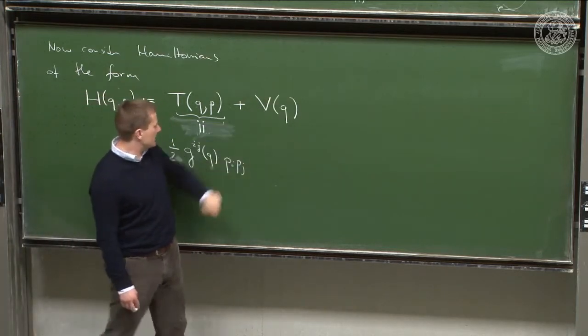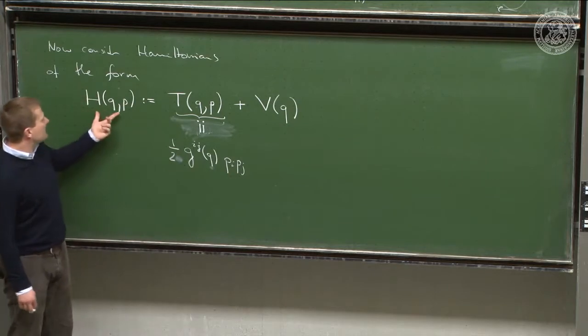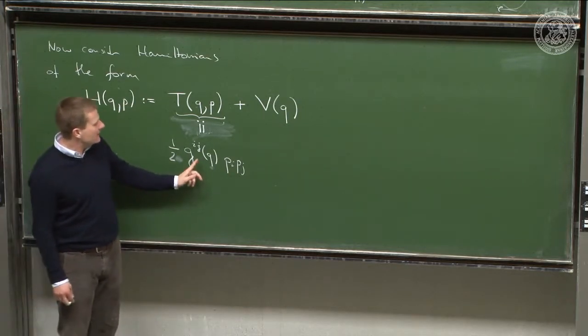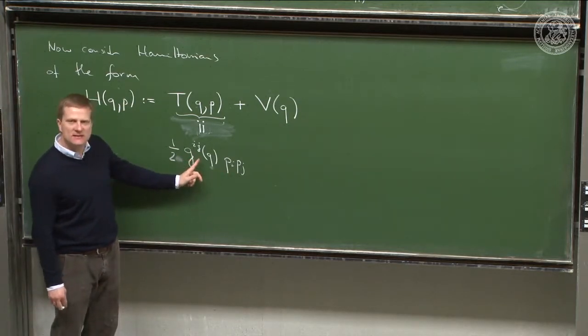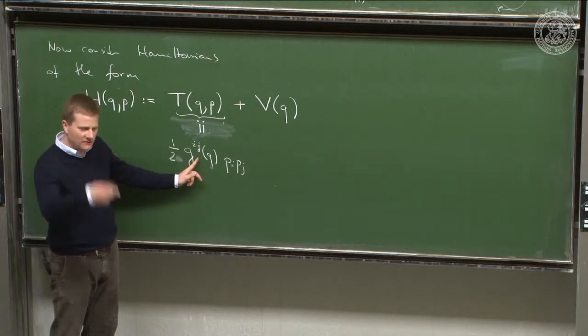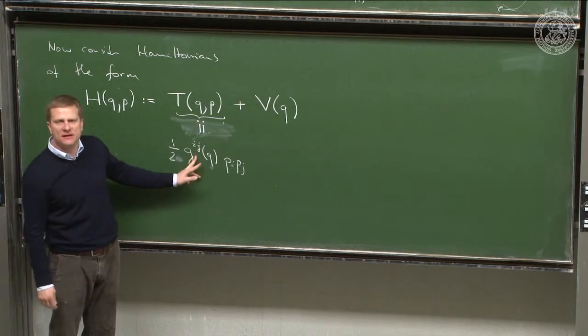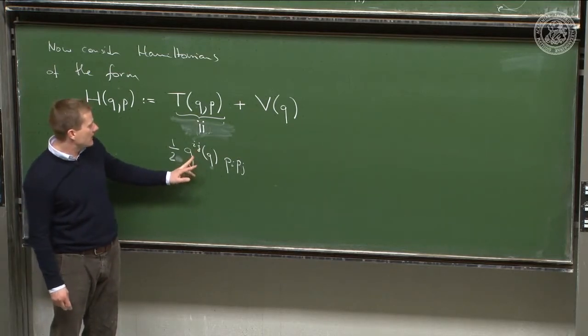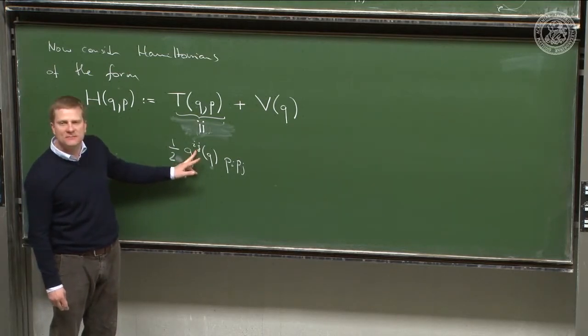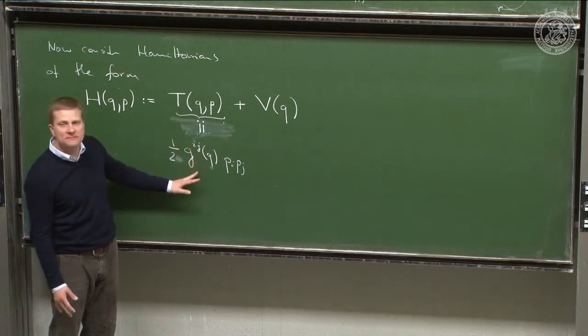If you set this potential to 0, the Hamilton equations will yield the geodesic equation. The solutions, if you project them down to Q space, will be the geodesics with respect to the Riemannian manifold provided by this metric on the Q space, or the inverse metric. It's the straight lines in that space.